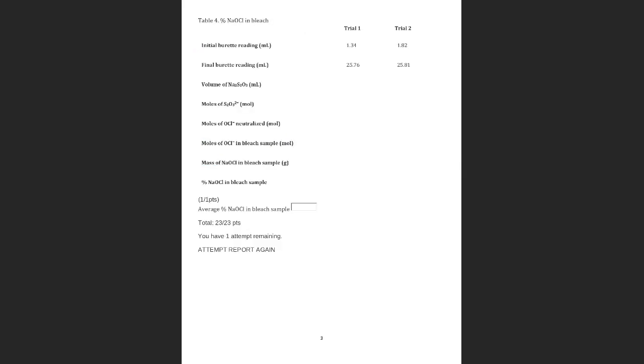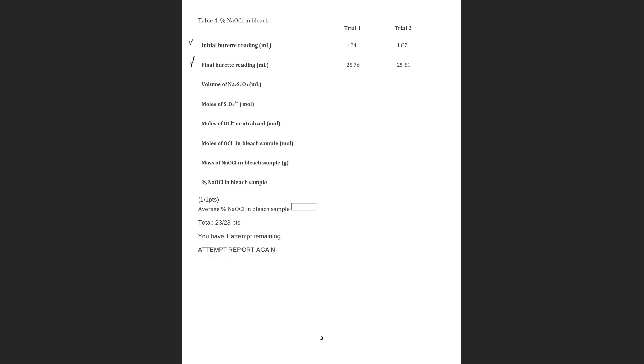Then you start your titration, and they are saying initial, you did the titration until the dark blue color disappeared. The final volume is this. So how do you calculate the volume of titrant? Again, you just do final minus initial.